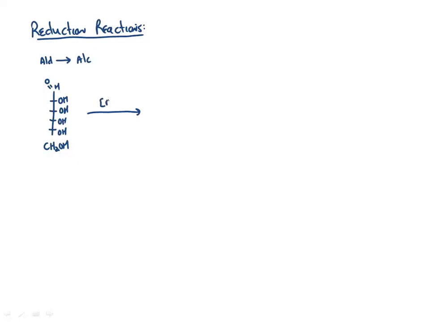Now, you're going to either see that written as a reduction like that, or the other reduction arrow we had was H2, nickel, and heat, right? And we're going to reduce that so that it now has an alcohol on this end of the molecule.